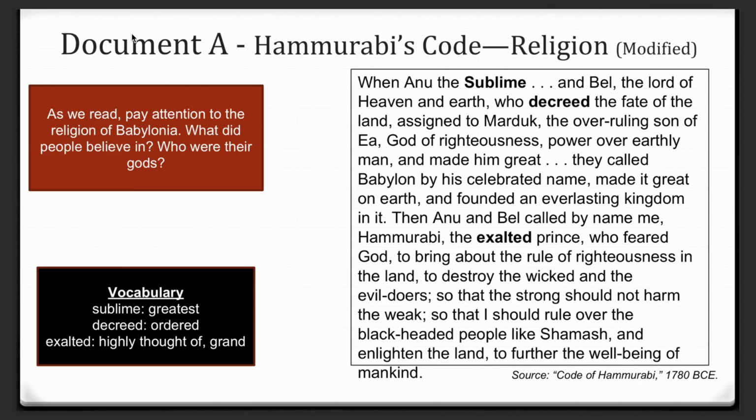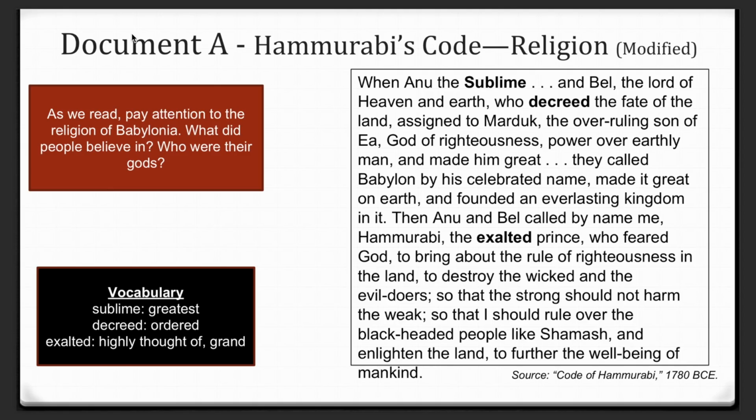Some vocabulary that you might need is in the bottom left corner: sublime, decreed, and exalted. When Anu the Sublime, and Bel the Lord of heaven and earth, who decreed the fate of the land, assigned to Marduk, the overruling son of Ea, god of righteousness, power over earthly man, and made him great, they called Babylon by his celebrated name, made it great on earth, and founded an everlasting kingdom in it.